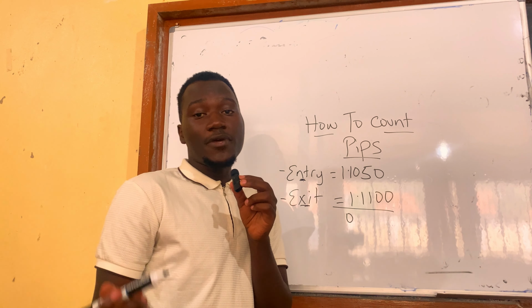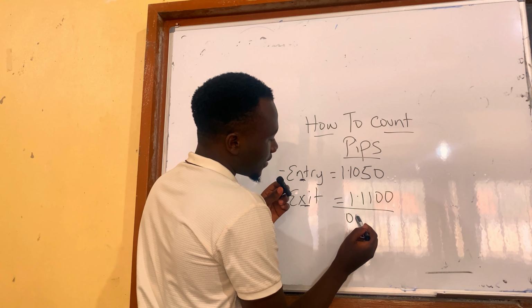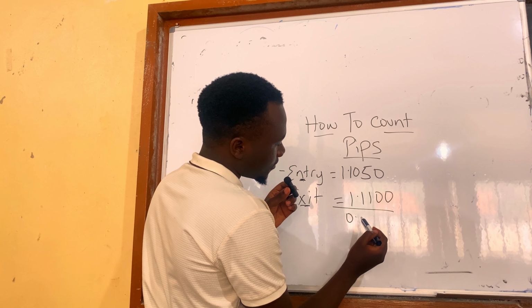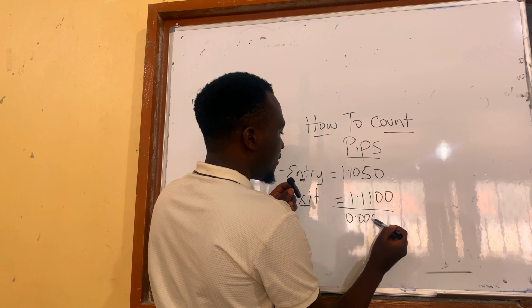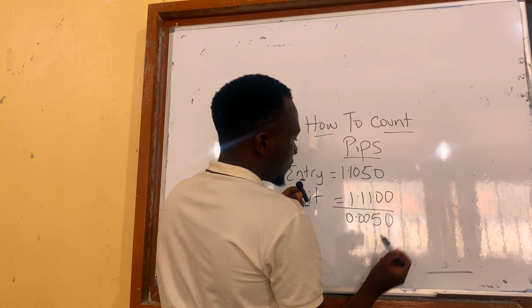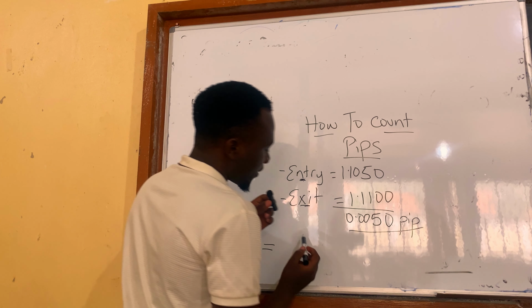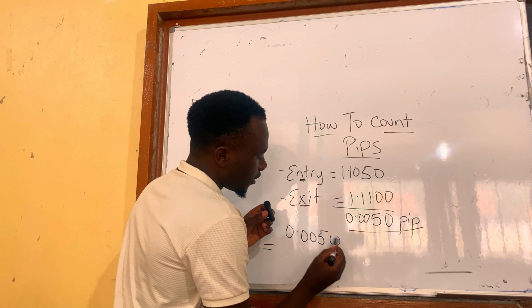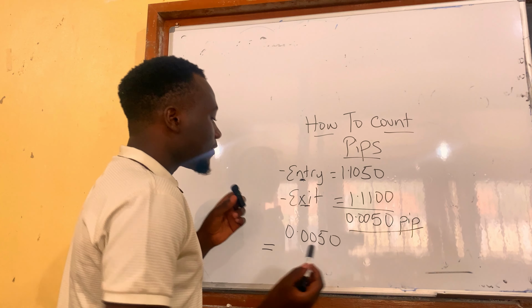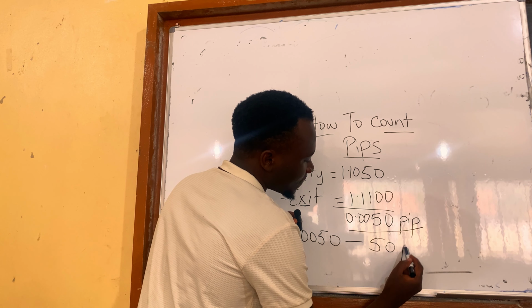So I'm going to subtract all these, and I'm left with 0, then 0, then 5, 0. So that means that I'm going to be left with 50 pips. Otherwise it is going to be 0.0050.